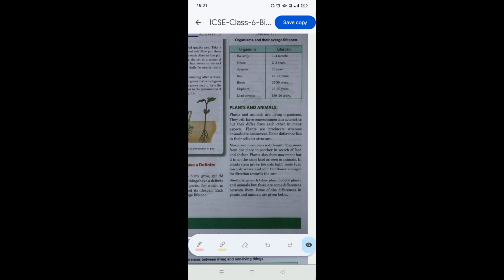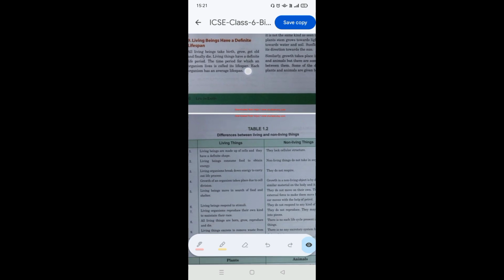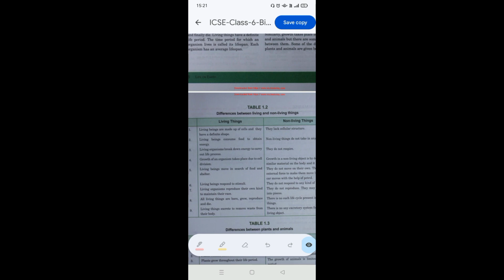In plants, stem grows towards sunlight, root turns towards water and soil. Sunflower changes its direction towards the sun. Similarly, growth takes place in both plants and animals, but there are some differences between them. And those differences are mentioned below in this table 1.2, right?